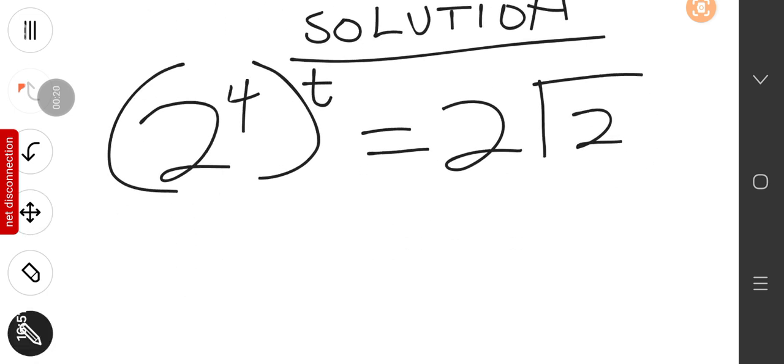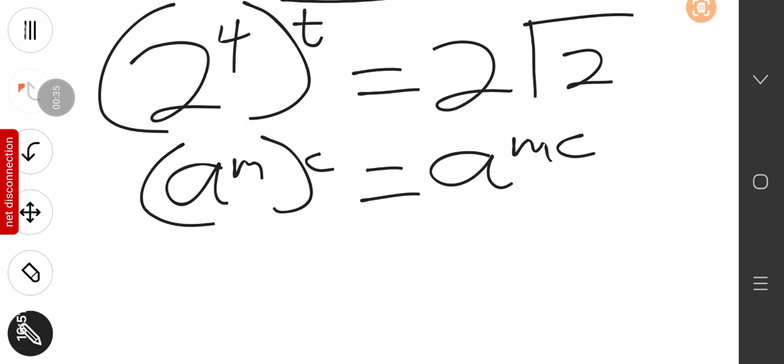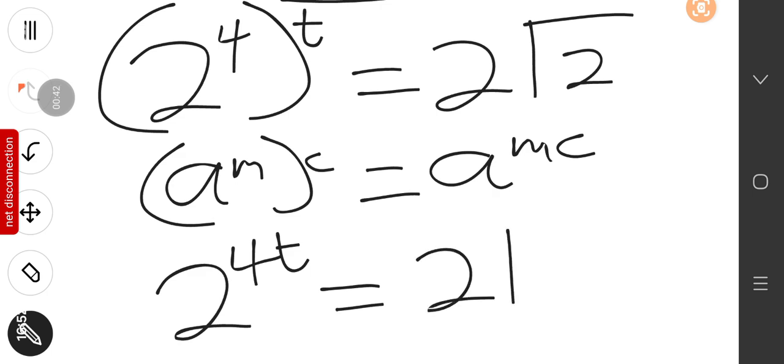Now the next thing we are going to do is to apply the power of a power rule of indices. So our equation becomes 2 exponent 4t equals 2 multiplying the square root of 2.